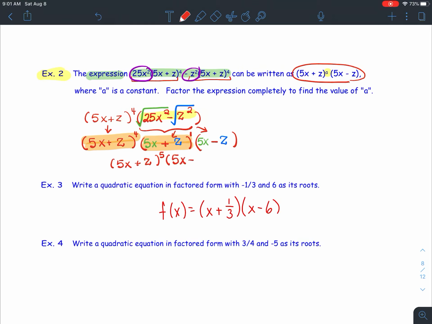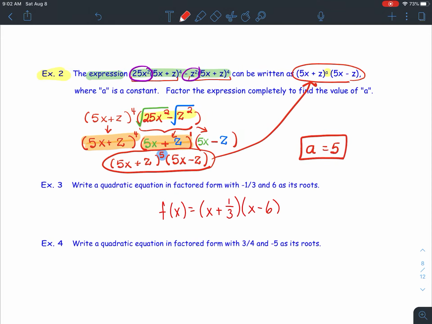You know how many 5x plus z's we actually have? We actually have 5 of those, and then we have this extra 5x minus z. Now what I circled there totally matches what they said my answer should be, except the A is a 5. So I'm going to say A should equal 5, and I'm going to box that in.